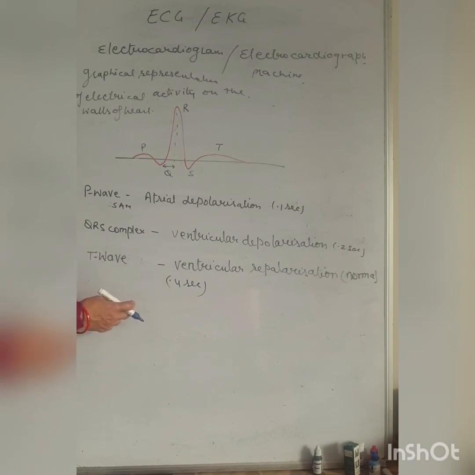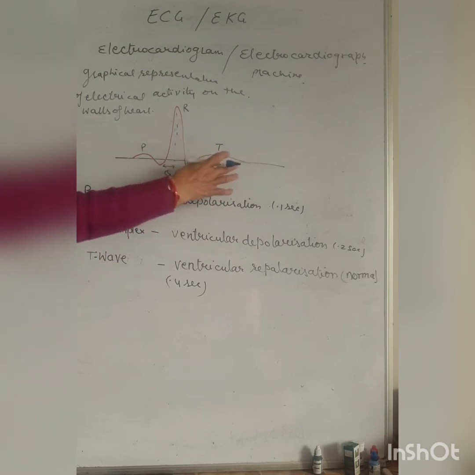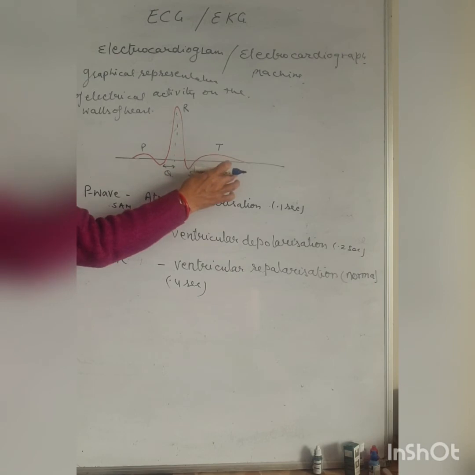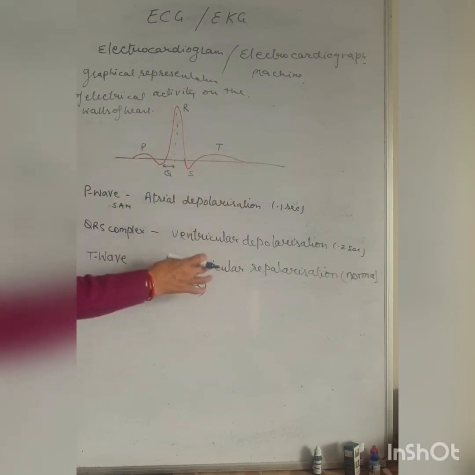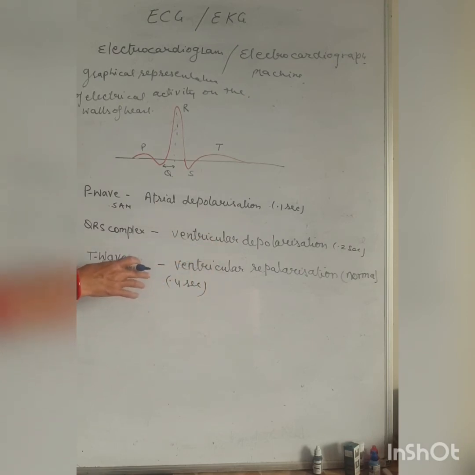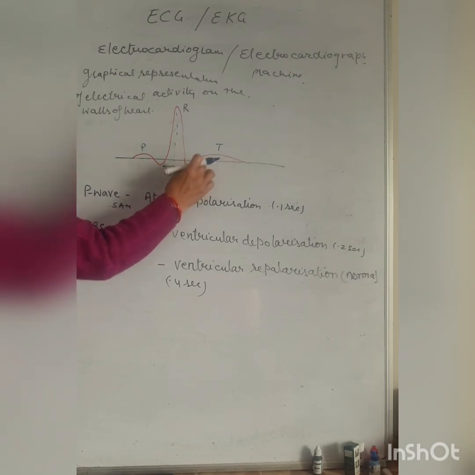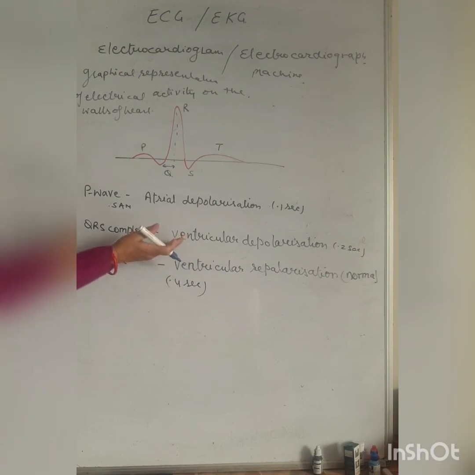The T wave is smaller and wider than the QRS complex, because repolarization occurs more slowly than depolarization. It takes more time than the depolarization or the contraction.